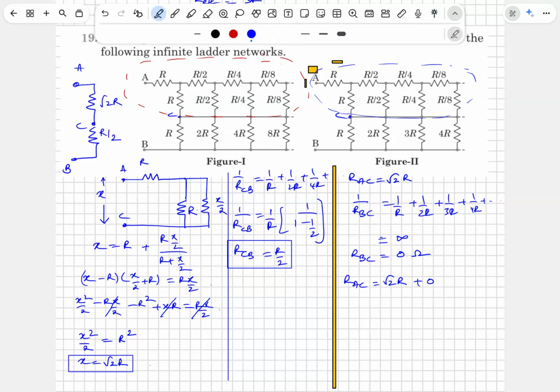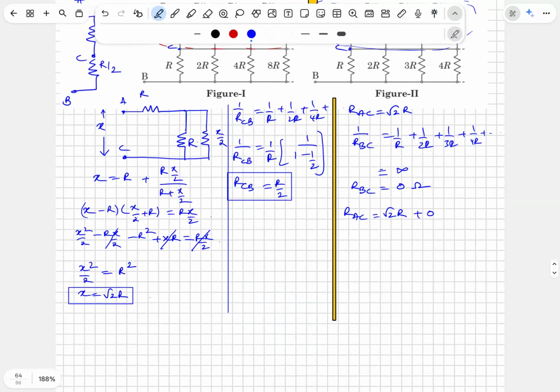So what is the effective resistance across root 2R plus R by 2? Therefore, that is 2 root 2 plus 1 by 2 times R across A.